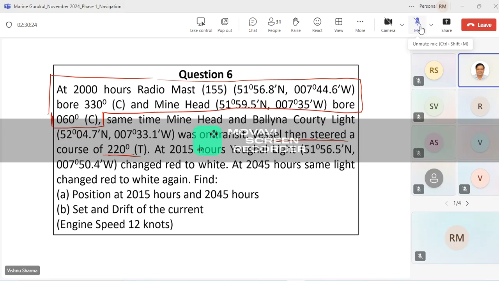They are two position lines, you're correct. But do you know the compass error? No, sir, we don't know. We need the true bearing. So can you really use them as simultaneous bearings and plot them? No. He says the vessel then steered. I don't know what her heading was when these compass bearings were taken. Am I right, class?